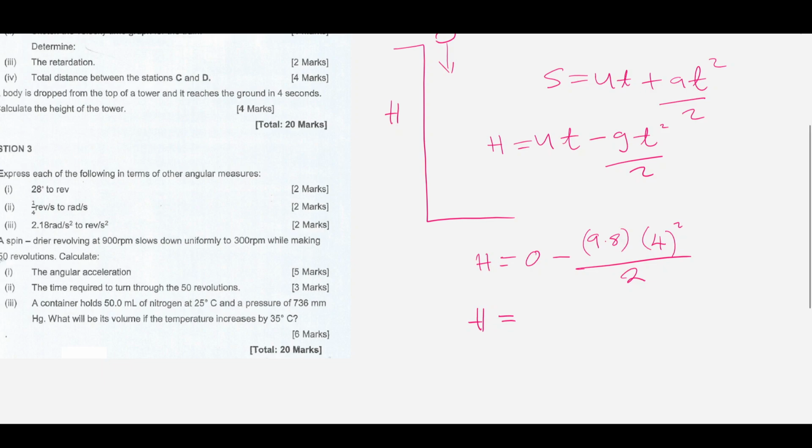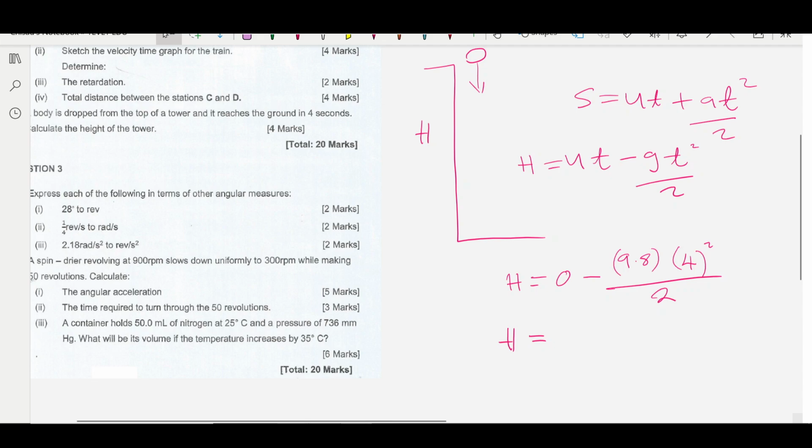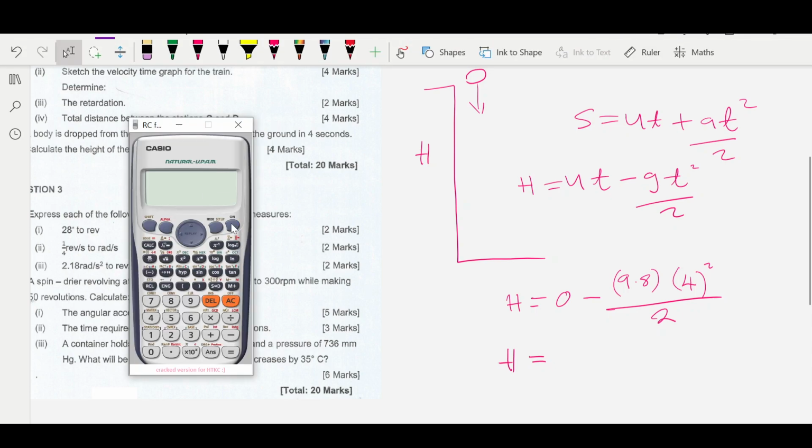So our h will equal negative 9.8 times 4 power 2, divided by 2, which is 78.